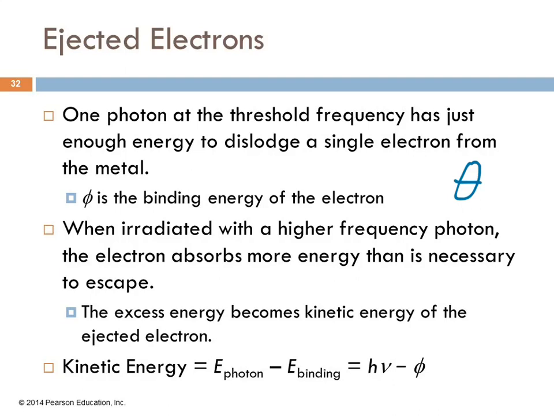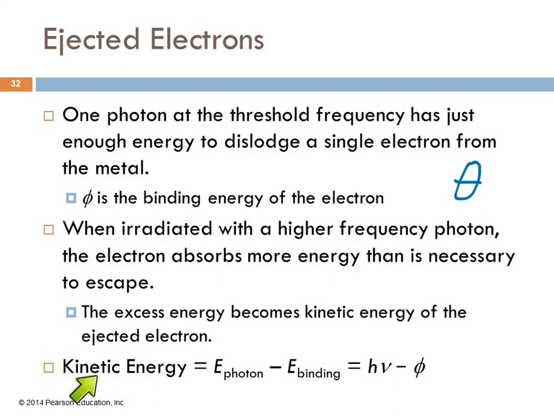You have to have $100 to get in. If you have more, you can still get in. If you have less, you can't. Does that make any sense? So this threshold binding energy, we have to give the electron at least this much energy so that it can get out of the metal. Any extra just goes as kinetic energy.